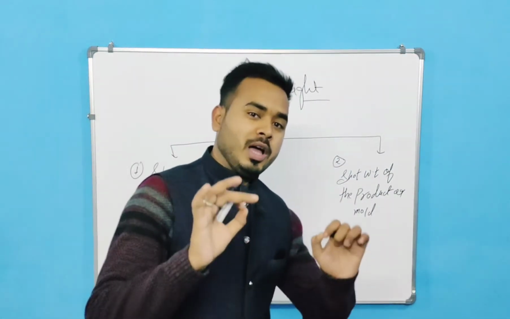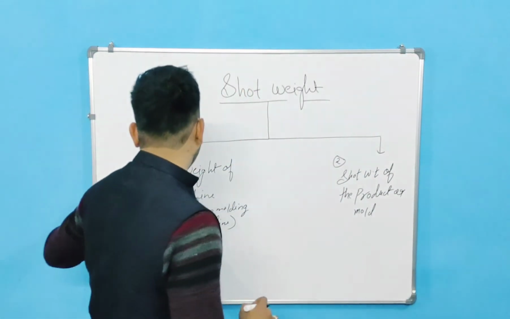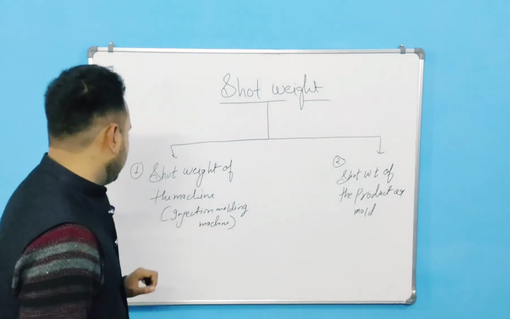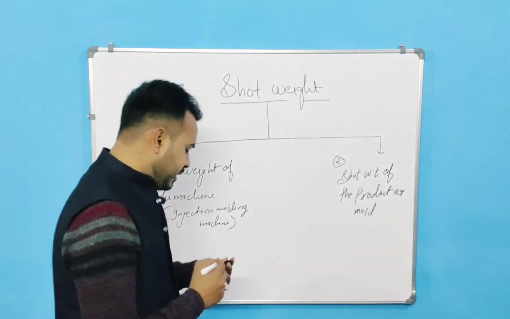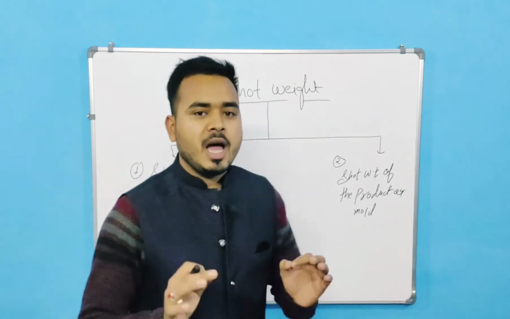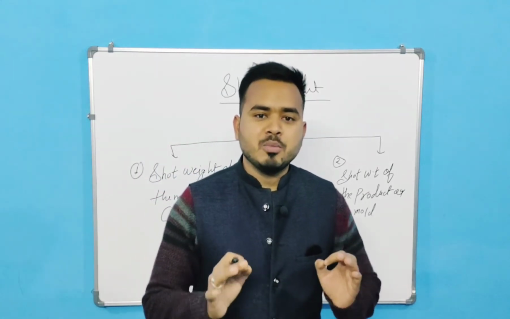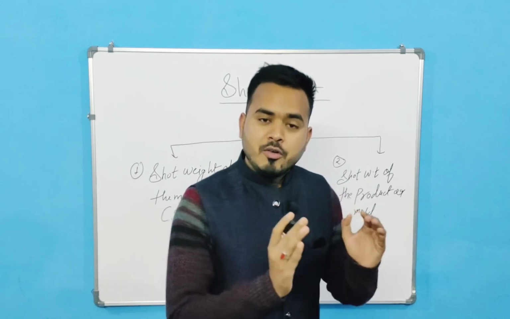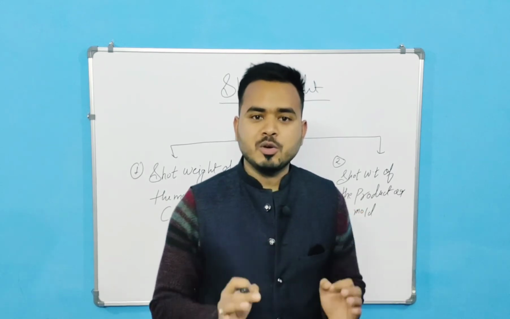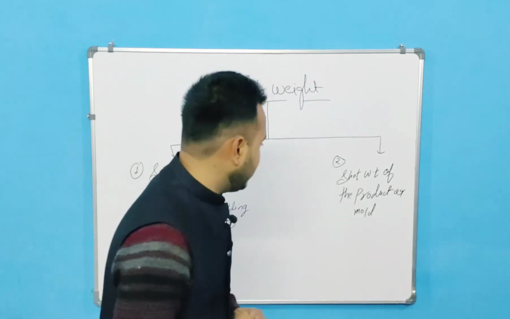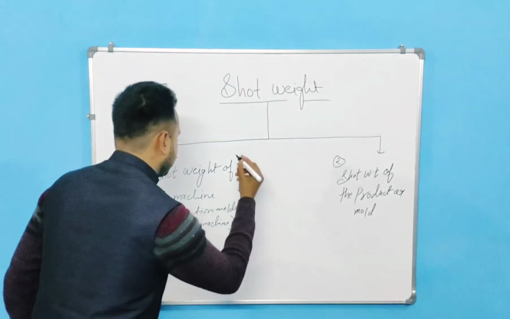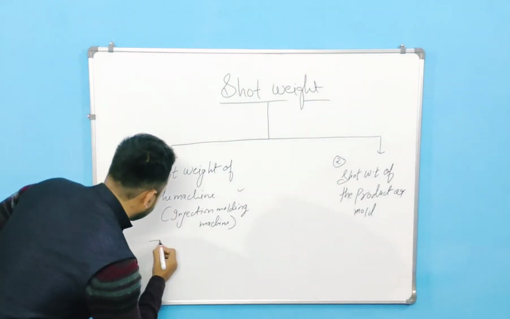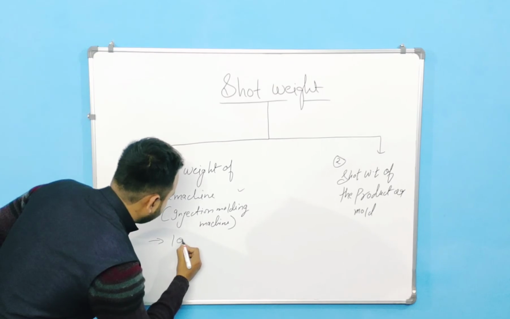I'm going to help you out in memorizing what the short weight of the machine of the injection molding means. Short weight means what is the actual weight produced by your machine during one shot. The maximum weight of the molten material produced by your machine in one single shot is called short weight of the machine. For example, your machine is 100 tons.